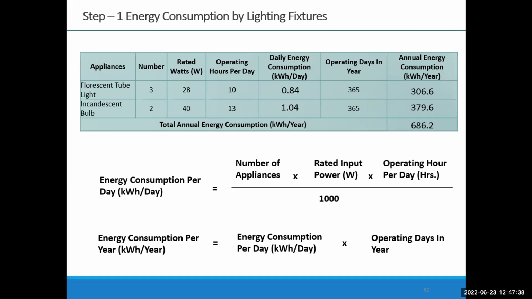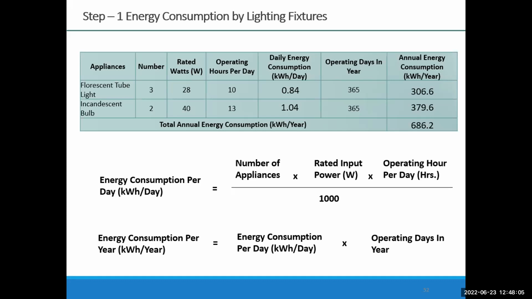By using the formula mentioned below, the same formula explained earlier in step 1, we get the daily energy consumption: number of lamps multiplied by rated watts multiplied by operating hours, divided by 1000.